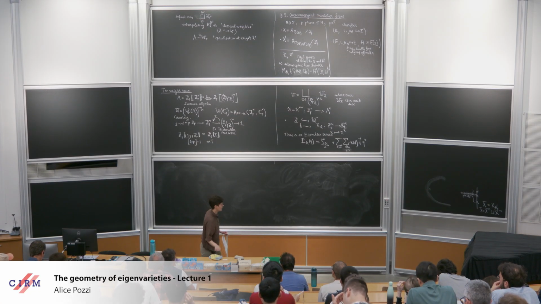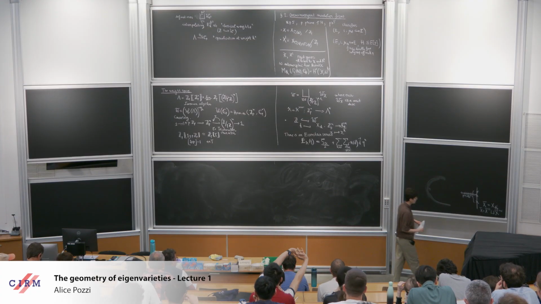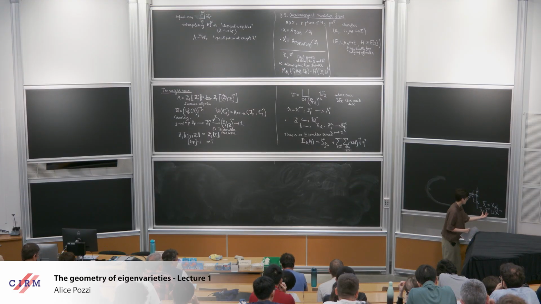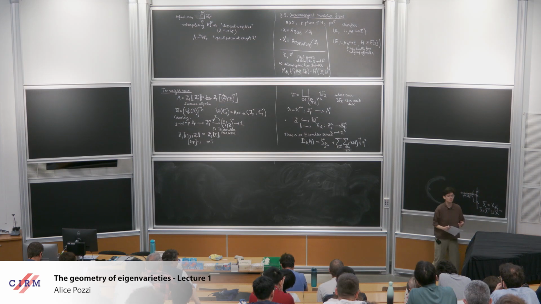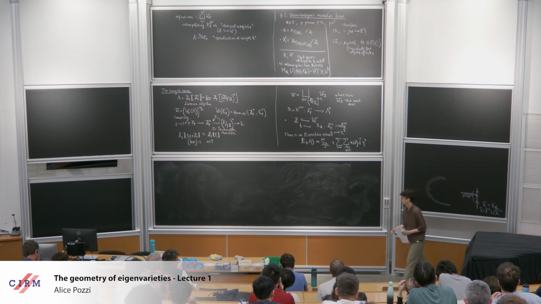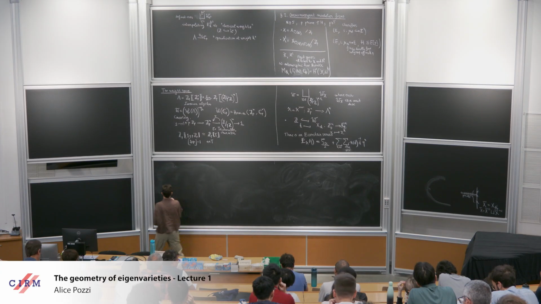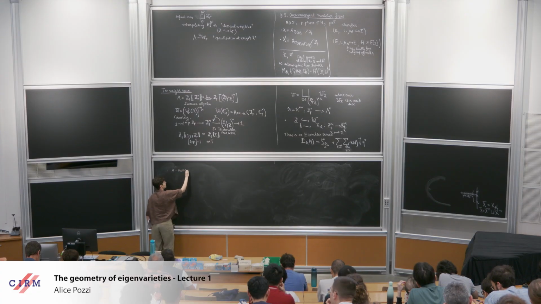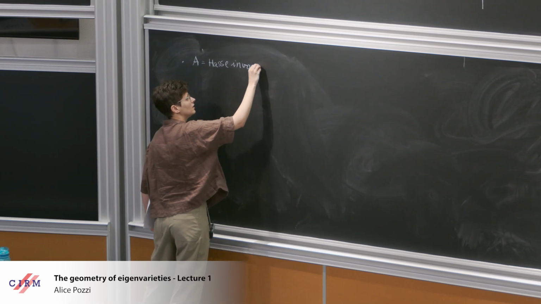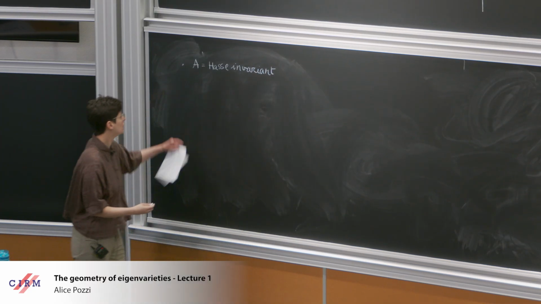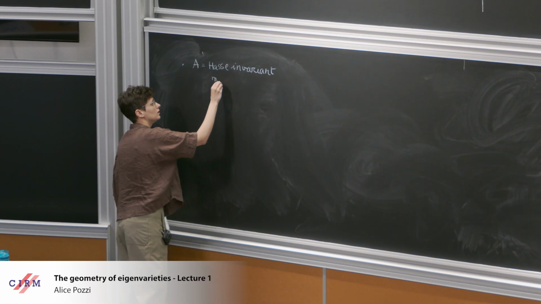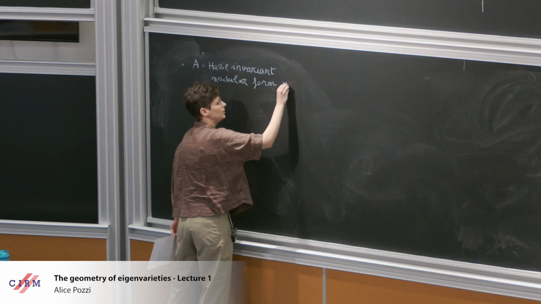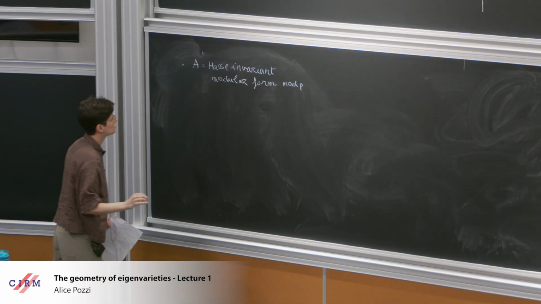So the important thing that might be useful to know here is that this condition of being supersingular or being ordinary can be read off using the Hasse invariant. So I can take A to denote the Hasse invariant. This is a modular form mod P. I could give the definition, but it's not super enlightening.